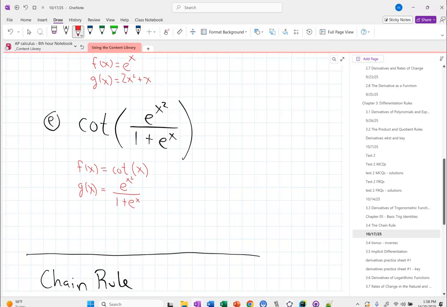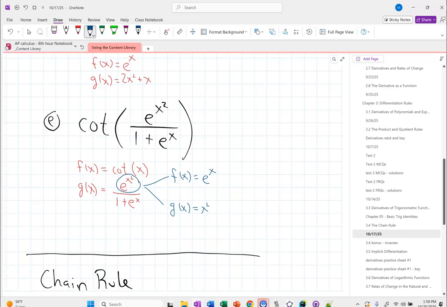That is also a composition, right? What's the outer here? E to the x, and the inner is x squared. So we're going to have to see that I can have compositions, but I can also have compositions inside compositions, inside compositions. You can see this could get a little bit hairy here. Is everybody okay? All right.